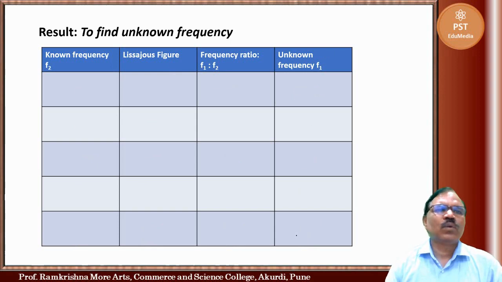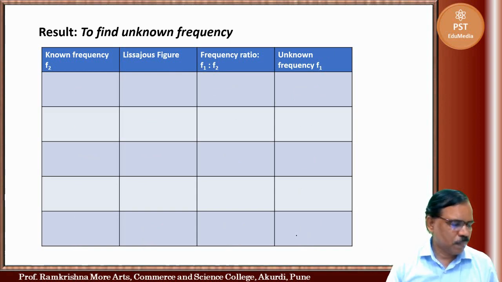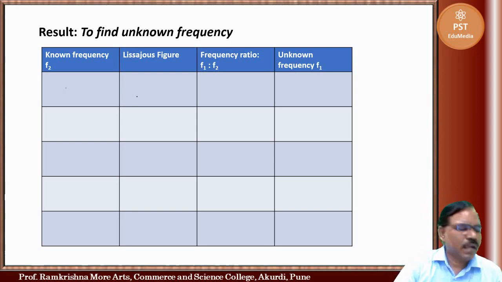Now let us go to another result to find unknown frequency. We have taken different known frequencies. Here known frequency, here unknown frequency, and here adjusted Lissajous figure like this.